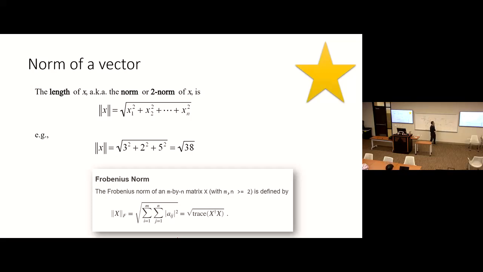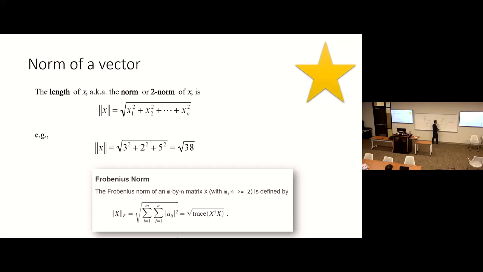The norm, there's a symbol people use: you put your vector in the middle, and then double vertical lines around it to show, okay, this is a norm.